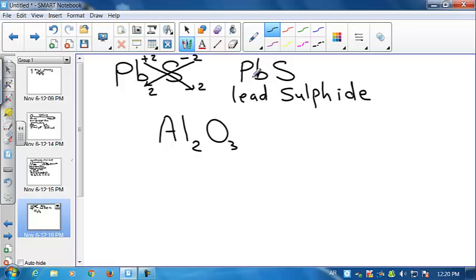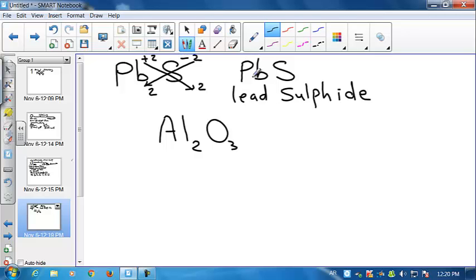I cannot make it AlO3. This is something else. Any molecule of aluminum oxide consists of 2 aluminum and 3 oxygen. Never change the formula. If you make it AlO3 or Al3O4, you are talking about a different formula.